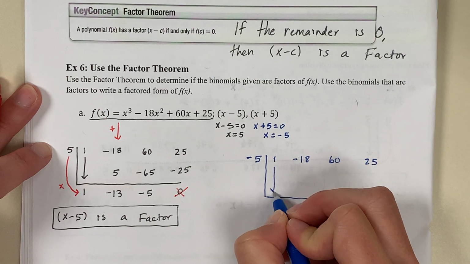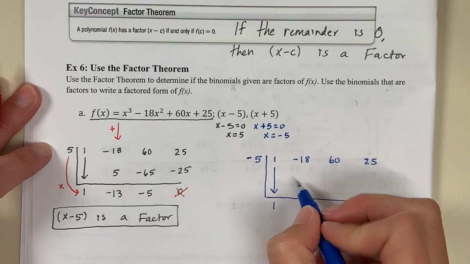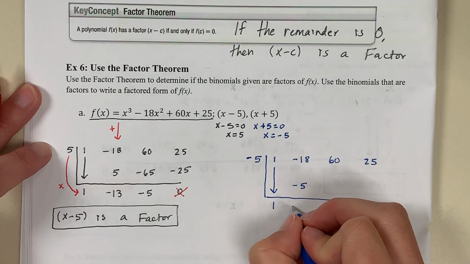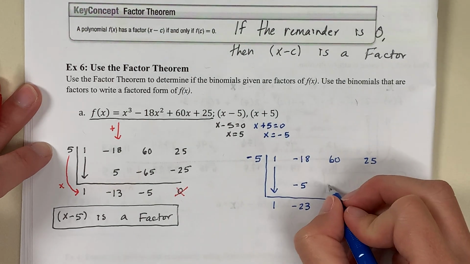Bring down that first term, and then multiply. Negative 5 times 1 is negative 5. When I add negative 18 and negative 5, I get negative 23. Multiply negative 5 times negative 23, that's 115.